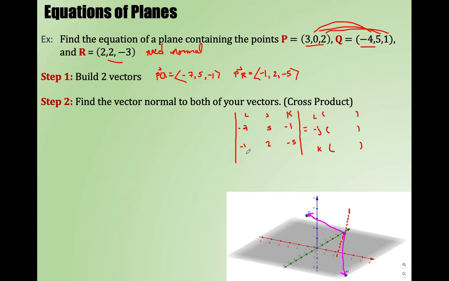So I ended up with a -23, and a -34, and a -9. Right, so that was my normal vector.